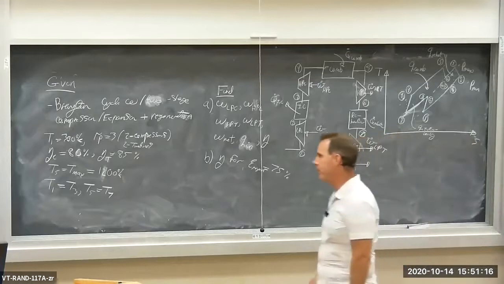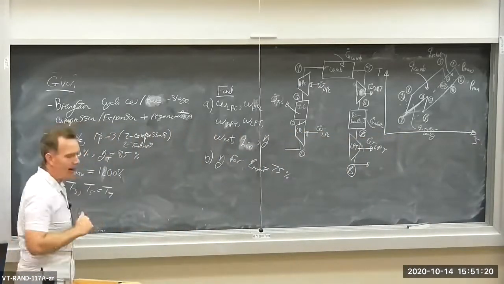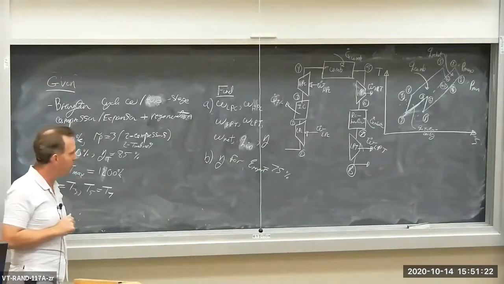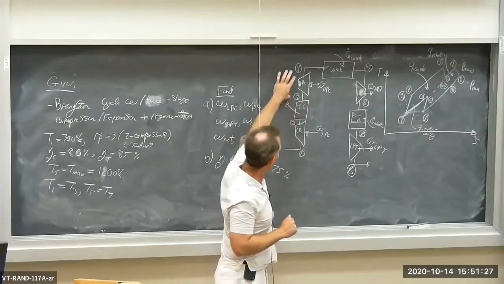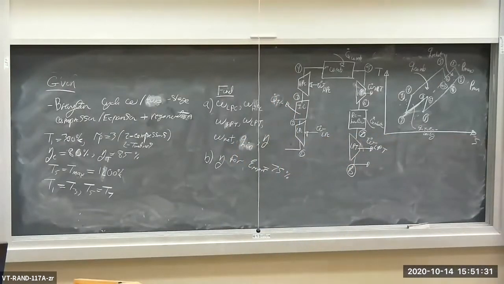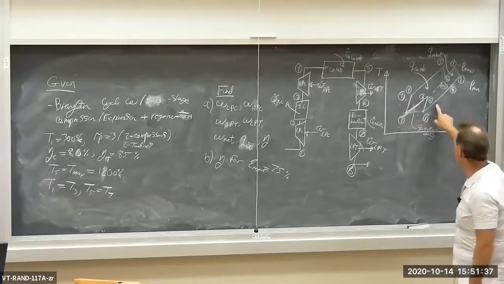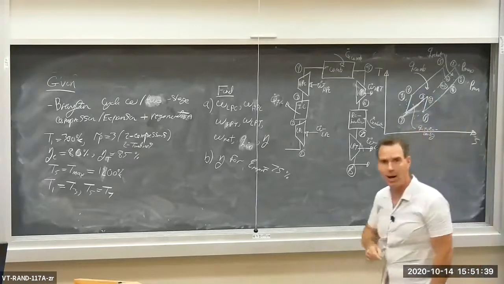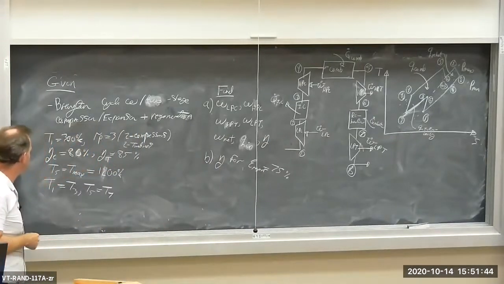Now you're told here that each compressor and turbine has a pressure ratio of 3. So the ratio of the outlet to the inlet pressure for each turbine is 3. So 3 times 3 is 9, so the overall pressure ratio from Pmin to Pmax is 9.